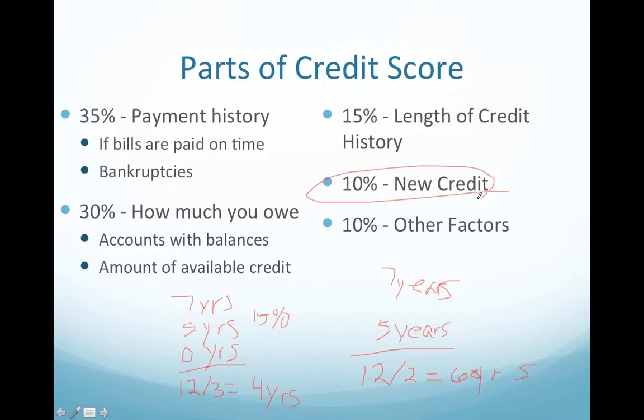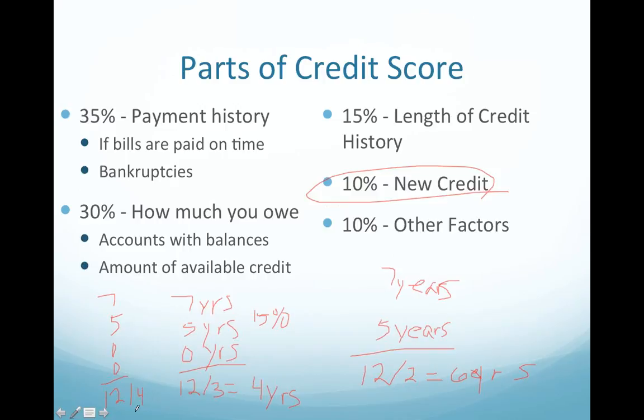Now let's say that still doesn't slow you down. You keep going. You go and you get yourself a brand new car, because your score is looking pretty good and you want a car out of the deal. So now you got a new car and a new credit card all stacked on your credit score. And now you got 12 divided by 4.